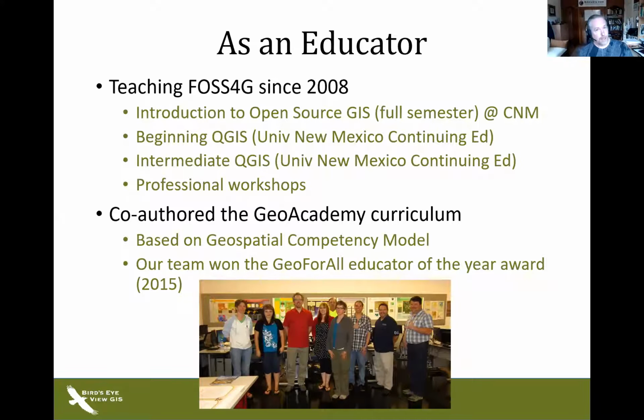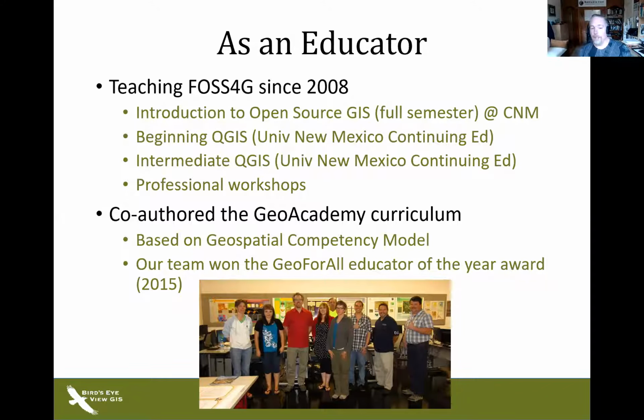But if there's something they can use, then they were more likely to use it. It turned into a great curriculum. It's based on the geospatial competency model, the Department of Labor's standard for the skills, knowledges, and abilities that GIS professionals need in the marketplace today, and that was vetted amongst many professors nationwide.